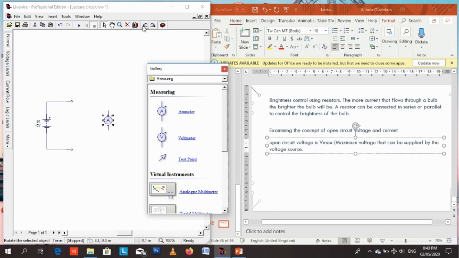Like I said, open circuit is when there's no direct connection between the positive terminal and negative terminal of your battery. So this is open circuit current. Let's try and connect the ammeter. The live wire is not allowing me to connect the ammeter to the positive terminal of the battery.